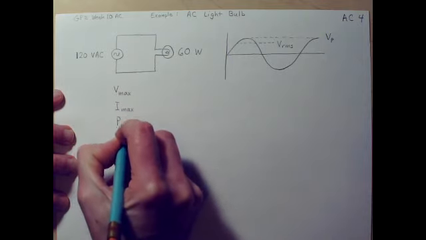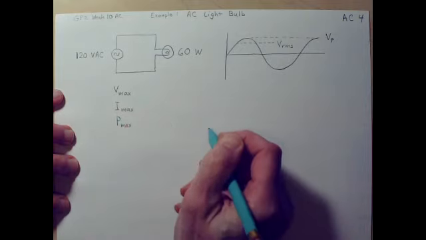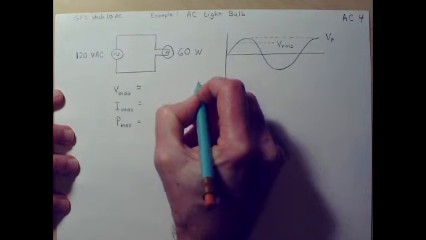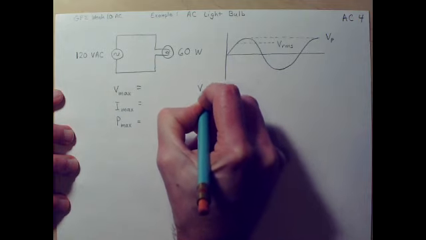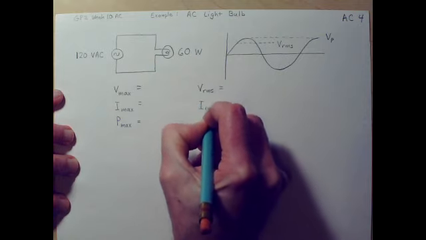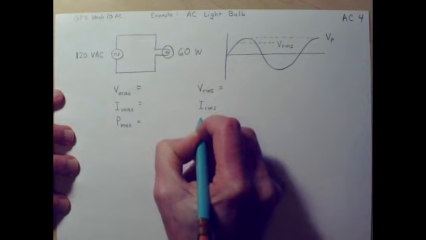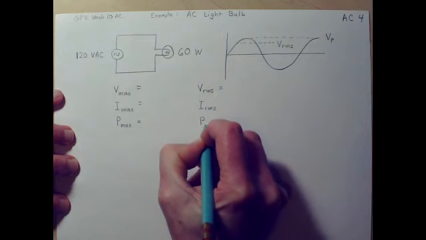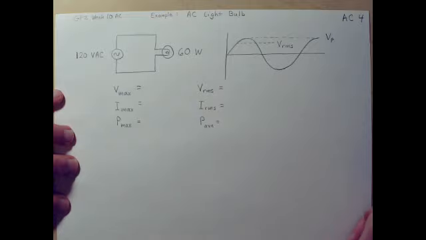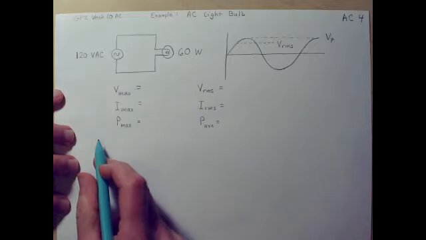And the power max, there's going to be peaks in the power. What are those values? And then over here I'll put the same thing for the RMS. The VRMS and IRMS, and the corresponding power is the average power. So these are the things we'd like to know.